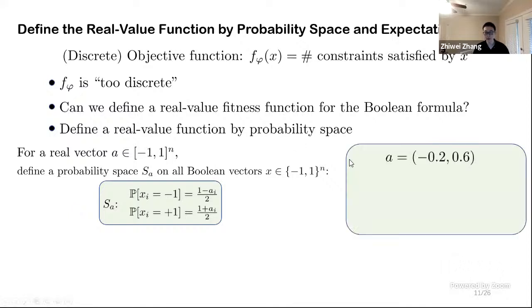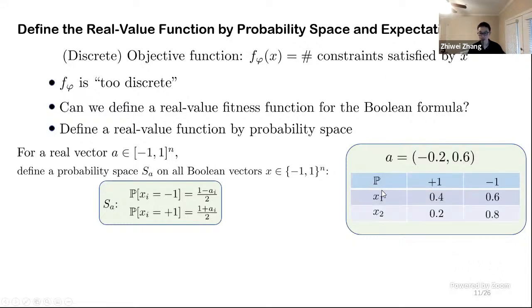Here is an example. A is a 2D real vector, and here is a probability table showing the probability of each variable taking some specific value, and we can sample a Boolean vector from this table.